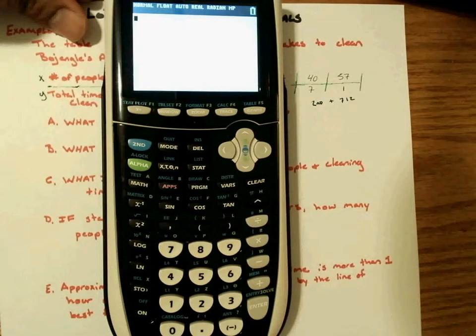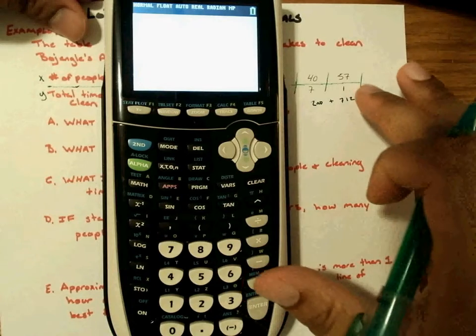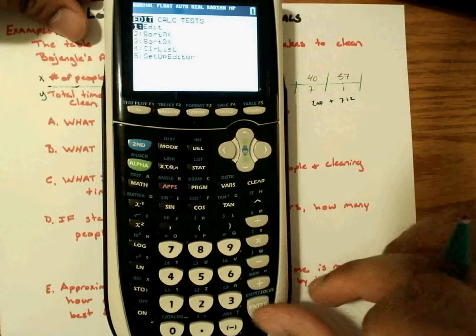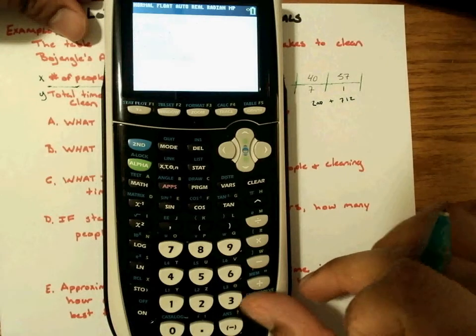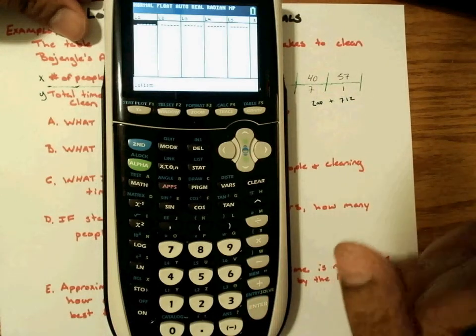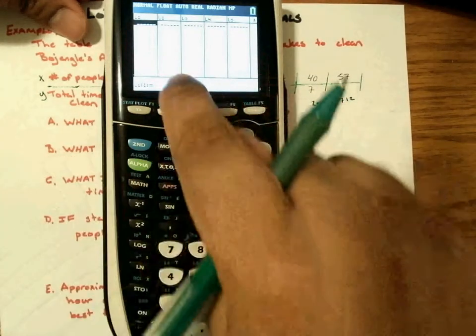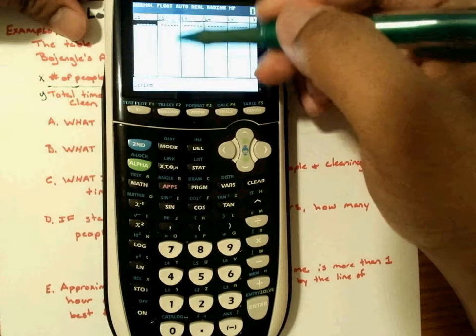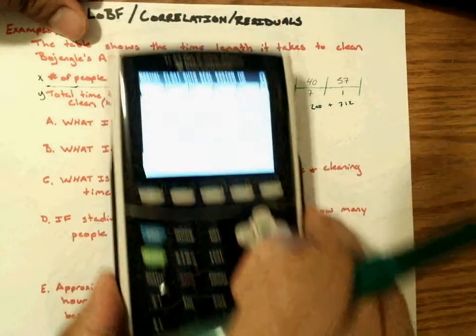Now, in order to type this table in, I'm going to hit the stat button, press enter on edit, and now I can type in my table. L1, which is the first column, would be my X, and Y is going to be L2. So I'm just going to type in those numbers.